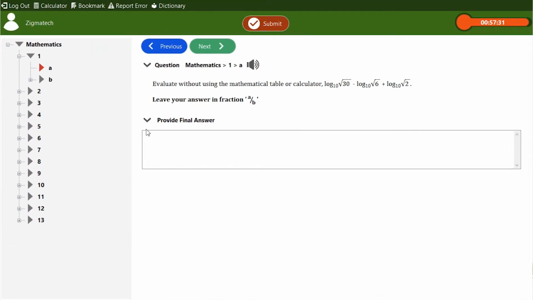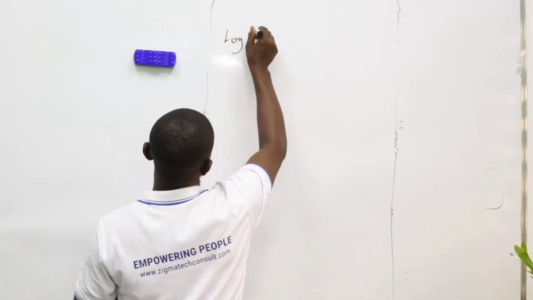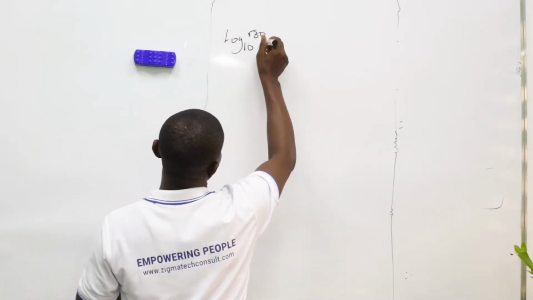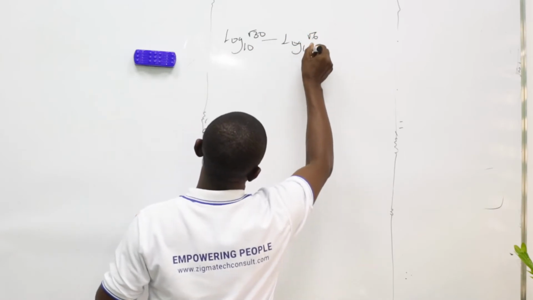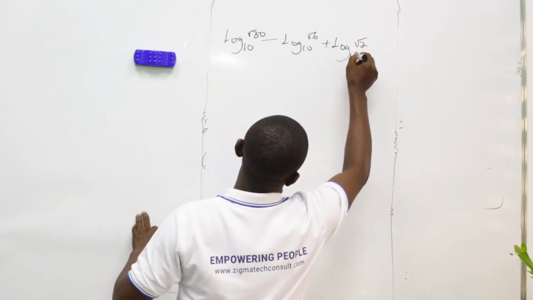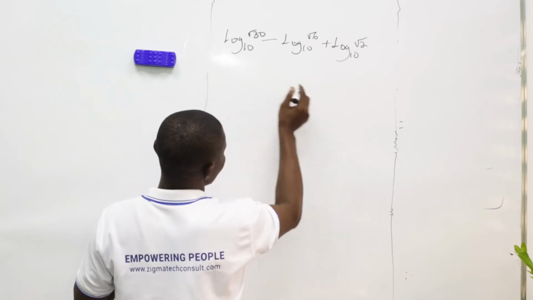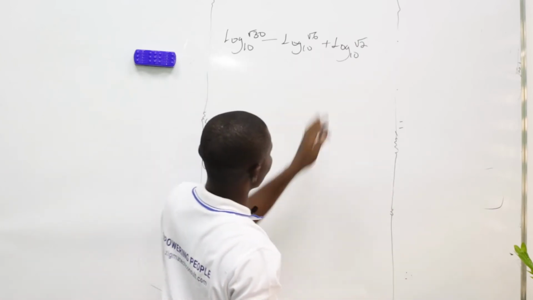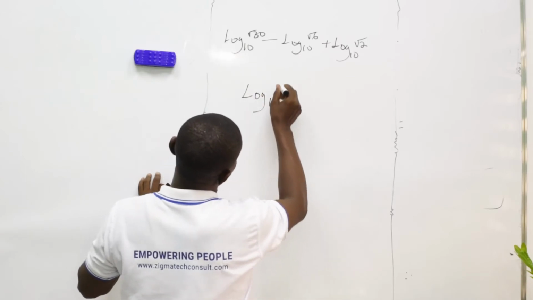Looking at the screen, you have log root 30 base 10 minus log root 6 base 10 plus log root 2 base 10. Remember that minus means division, while plus means multiplication. So let us multiply.